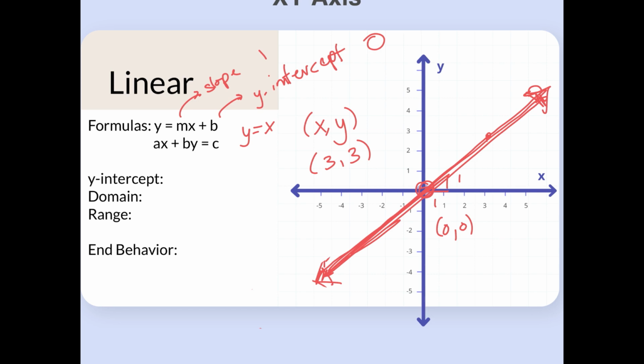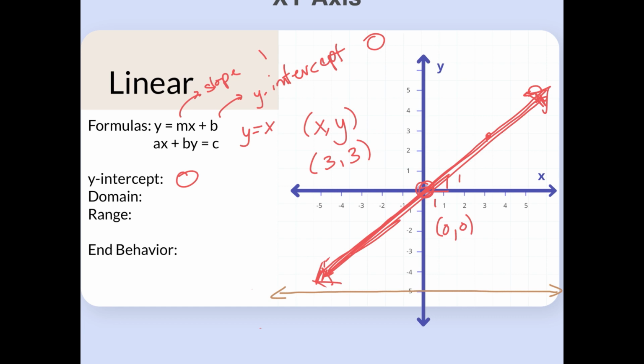So as we said, for a regular linear function, our y-intercept is going to be at 0 because it passes through the origin. Domain, remember that domain is going to refer to all of your x values. So if we're looking at it from left to right or right to left, what kind of x values are we hitting?